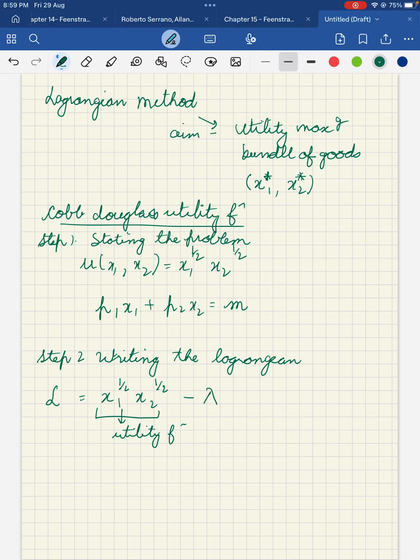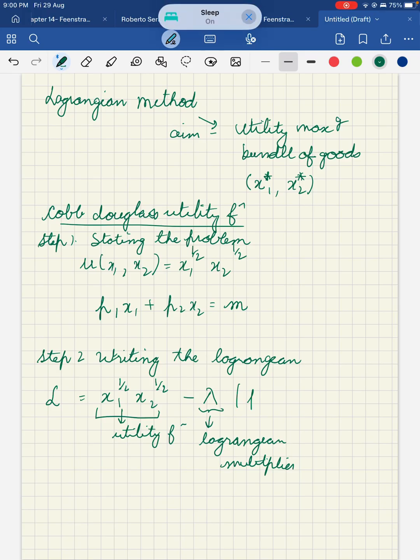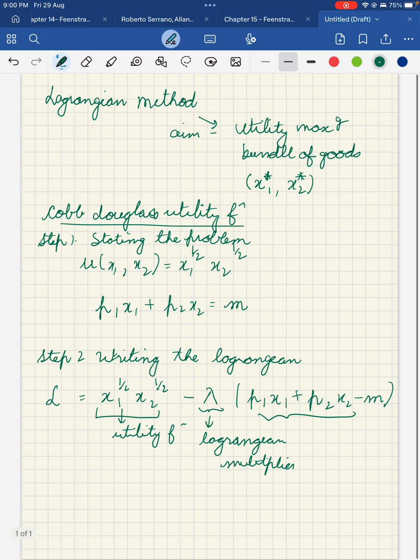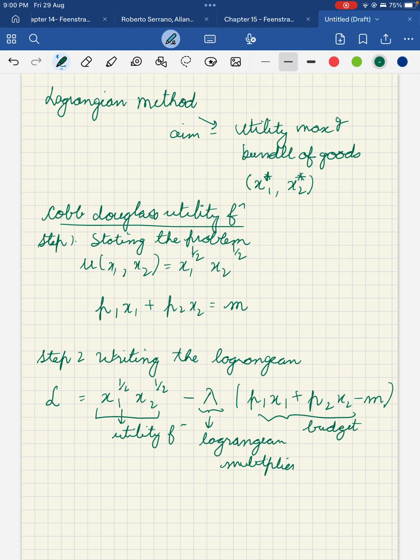Lambda is the Lagrange multiplier. After writing the Lagrange multiplier, I write the budget constraint equation, which is simply P1x1 plus P2x2 minus M. So this is my budget constraint equation.